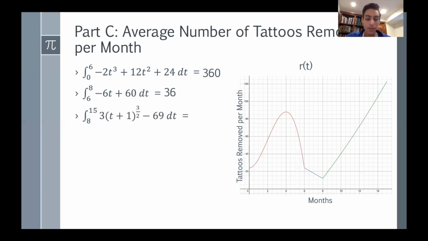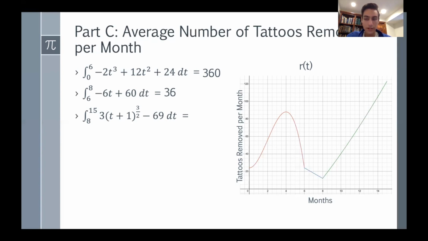Now, the last one is going to be from 8 to 15 of 3 times t plus 1 to the 3 halves minus 69. So 8 to 15. Make sure you put your 3 halves.